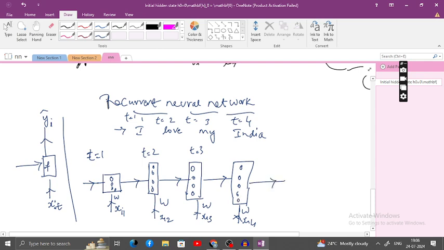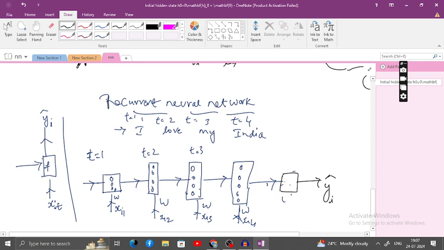So finally you will get the output yi hat. What is this yi hat? This is the model output, the output from the model. So this is the model. You will get this output, so what comes out is yi hat.